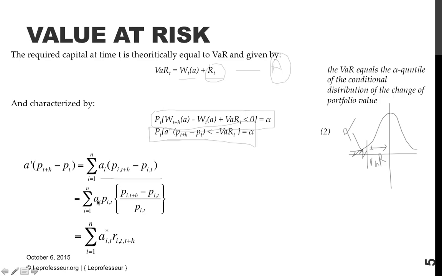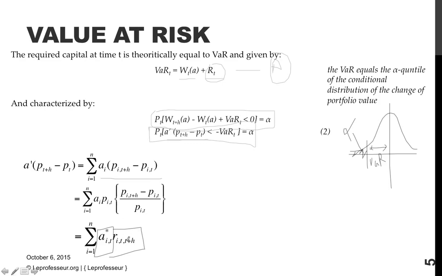This is another form of writing it: return multiplied by our portfolio composition multiplied by the price.